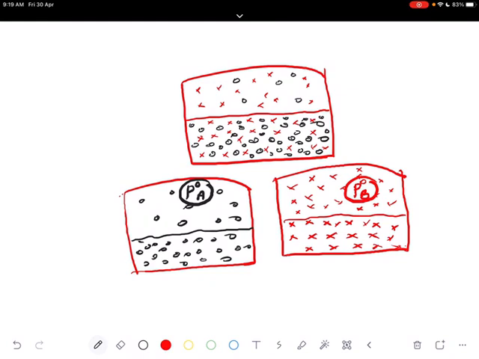Pure vapor pressure of A is called P naught A. Pure vapor pressure of B is called P naught B. But in the mixture, that is on the top, we have PA and PB.